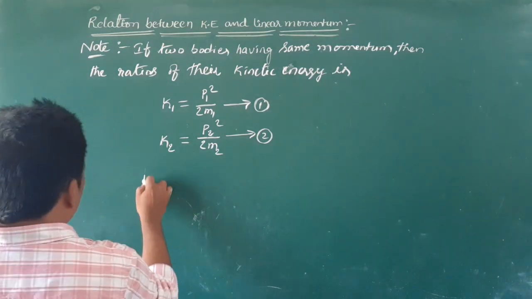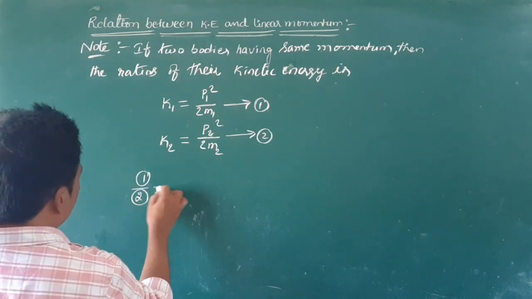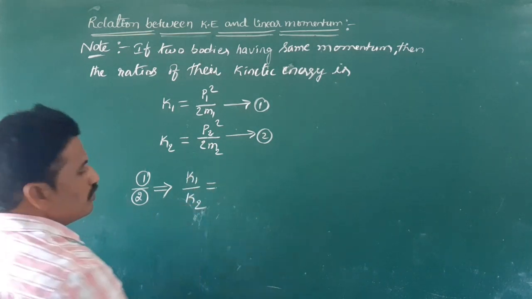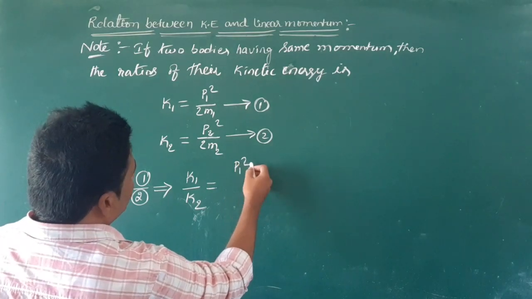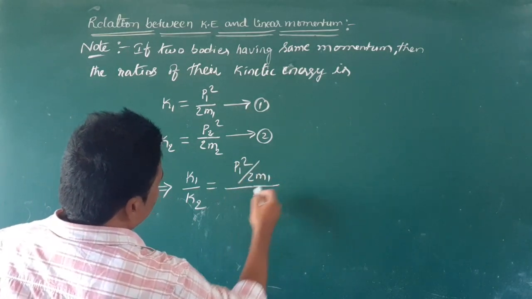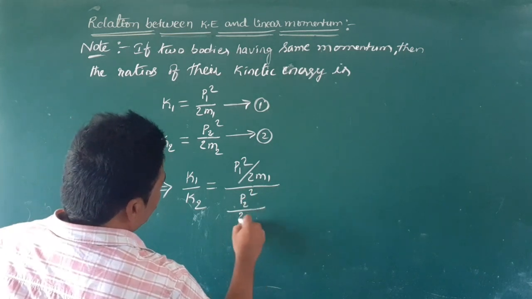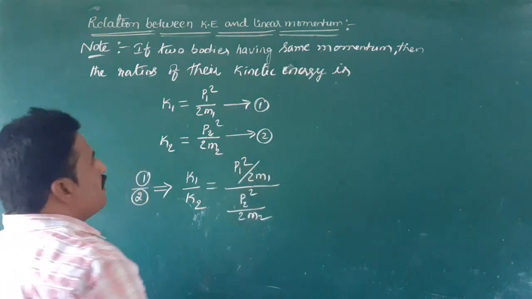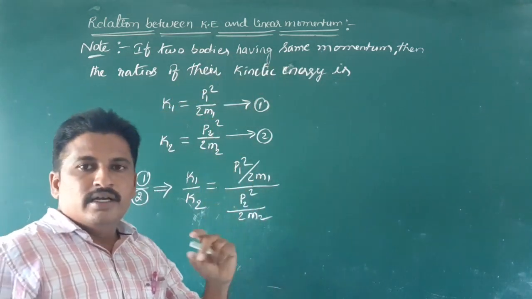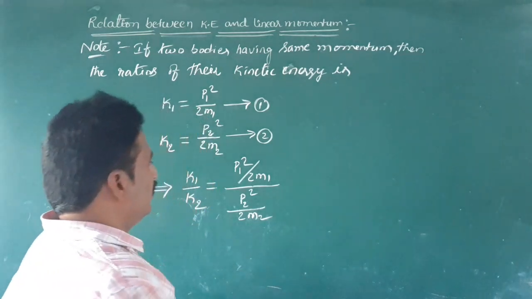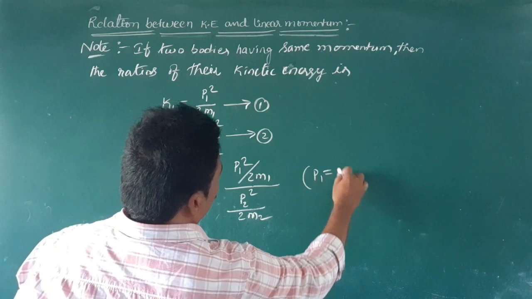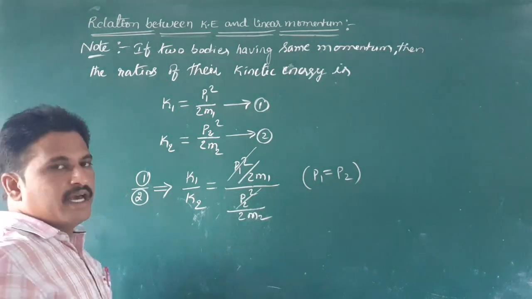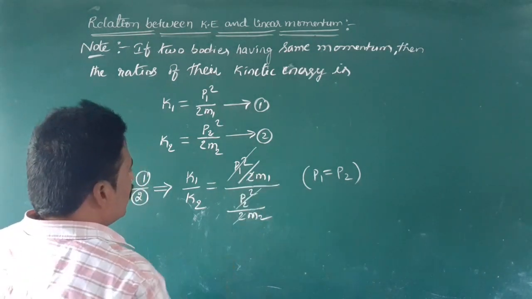Taking the relation 1 by 2, students, equation 1 by 2, that implies K1 by K2 is equal to p1 square by 2m1 divided by p2 square by 2m2. Here the linear momentums of the two bodies are equal, so p1 is equal to p2, students. So p1 square and p2 square cancel with each other, and 2 also cancels.